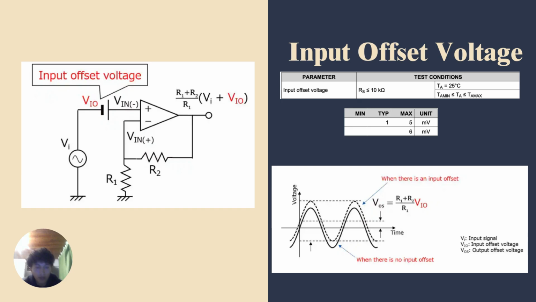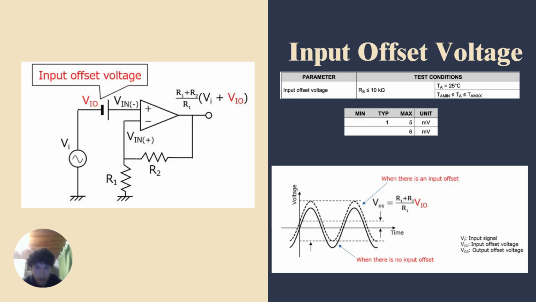Here we have a non-inverting amplifier configuration, and we can see that the gain, led by the resistances, has to be multiplied by the input voltage plus the input offset voltage. So the offset voltage is also amplified, and this value goes for the LM741.